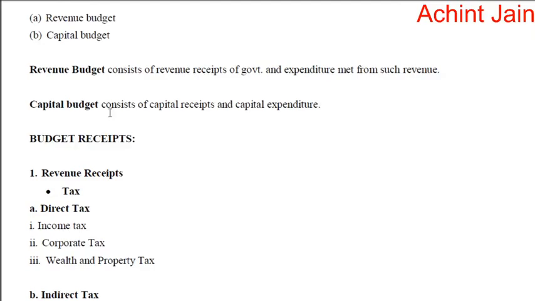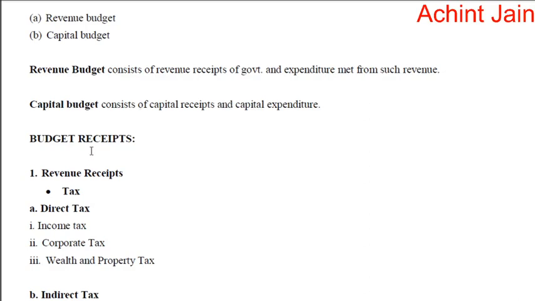The capital budget is an account of the assets as well as liabilities of the central government, which takes into consideration changes in capital. It consists of capital receipts and payments. The capital budget is the statement of estimated capital receipts and estimated capital expenditure during a fiscal year.